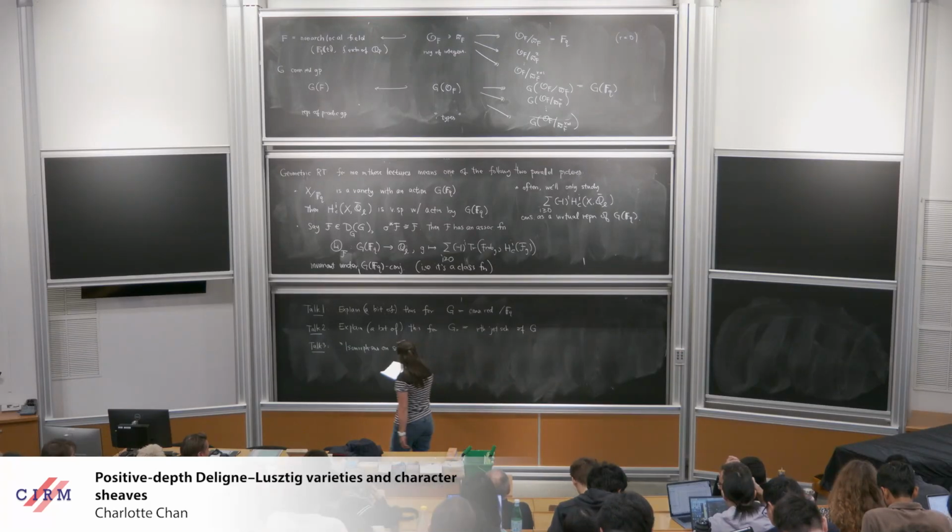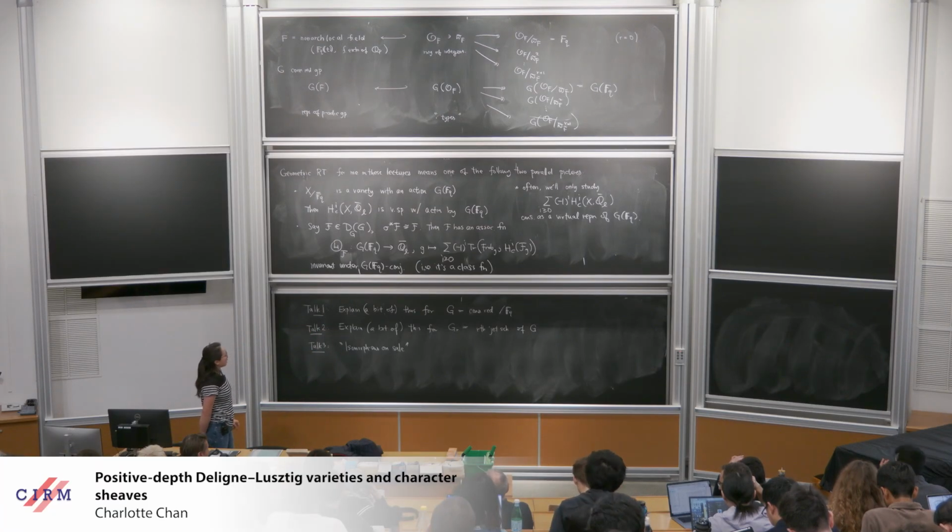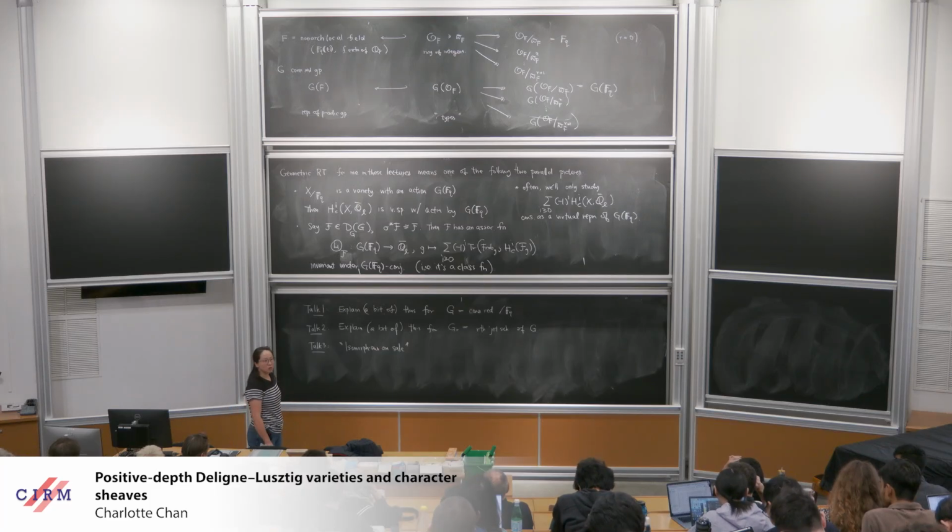And so the point of this talk is to explain one technique where you can conclude that two representations are isomorphic just by knowing the character formulas on a very small locus. And so I call it on sale because you're getting a nice conclusion, isomorphism, for a heavily discounted price.